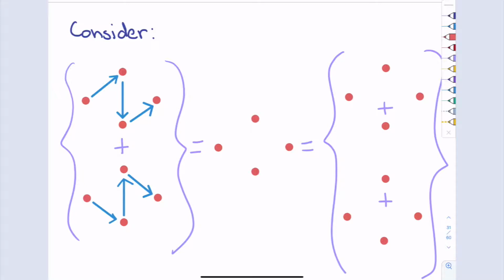On the left, I've drawn two paths between the same set of four vertices. One path goes up, down, and then to the right. The other one goes down, up, and to the right. Now, if I combine these edge sets, we'd end up with one going up, one going down. I'm just adding all the edges together.